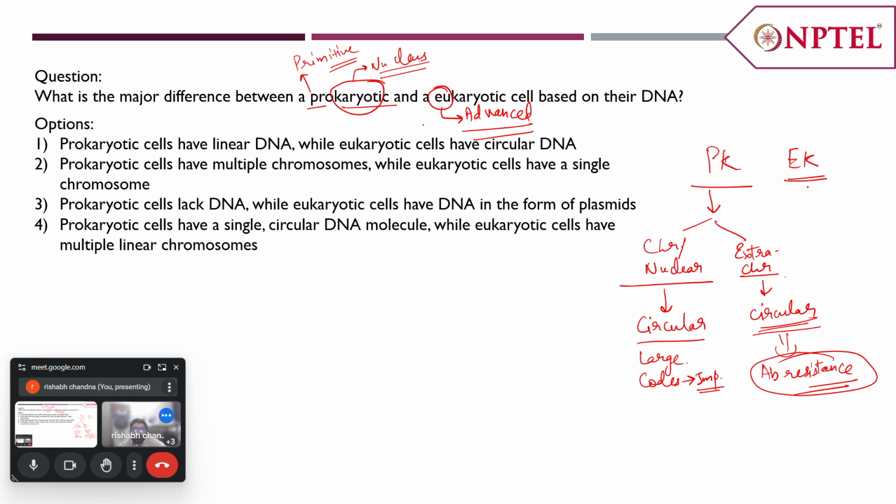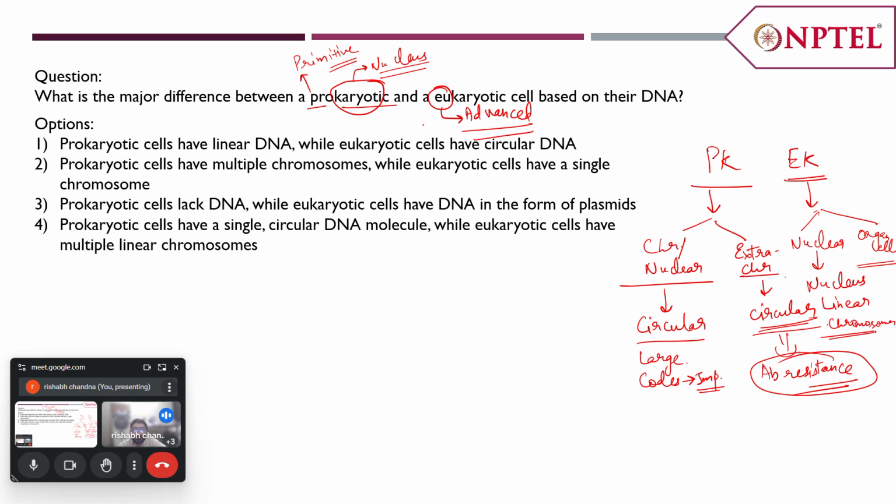But in case of eukaryotes, it also has two types of DNA. First is the nuclear DNA, and second one is the organelle DNA. Nuclear DNA is present in the nucleus, and it's mostly linear and divided into different chromosomes.